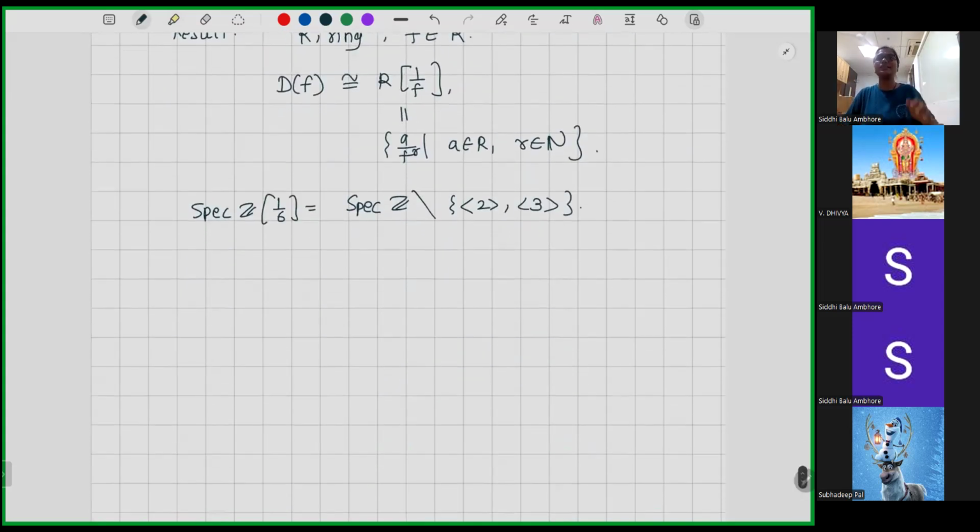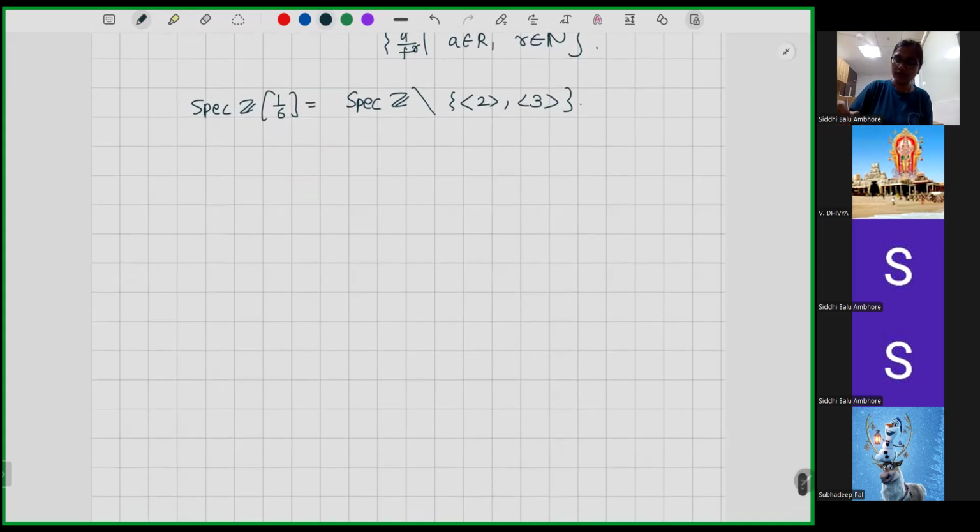So I hope this is clear now. If there are any doubts, please let me know. Otherwise, this is D(6), I'm just writing. Okay, clear. Great. So I will move to the next question. Prime ideals don't intersect with the set which we are inverting.